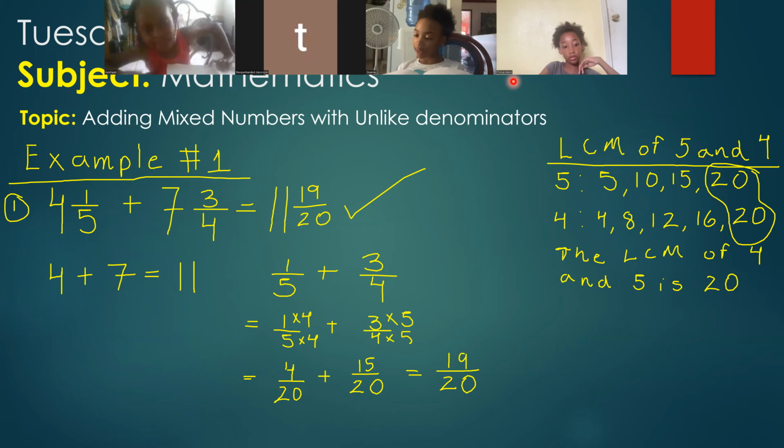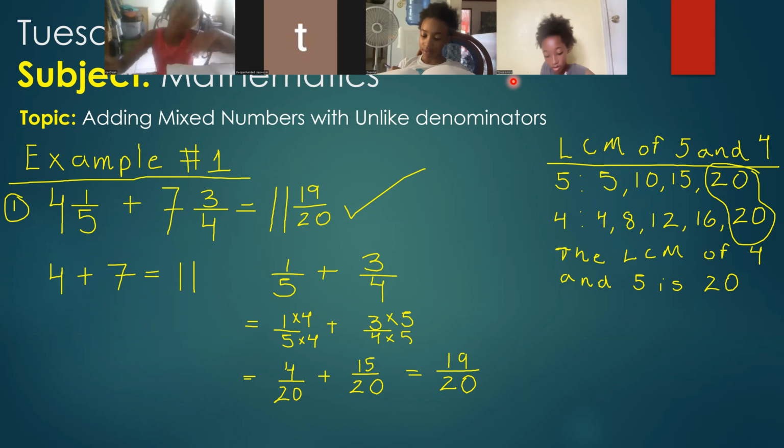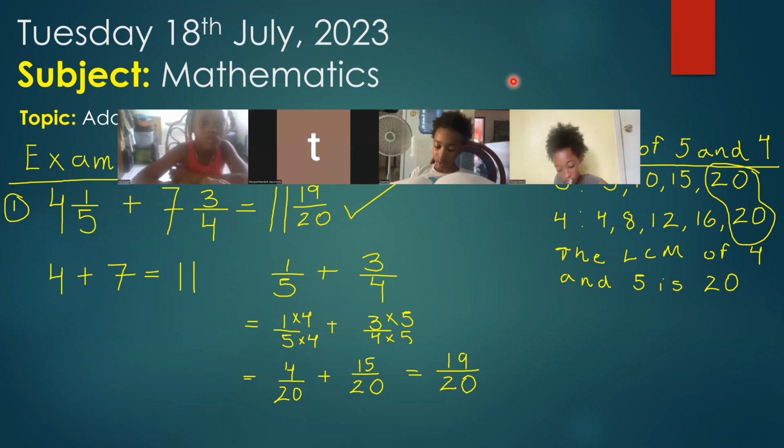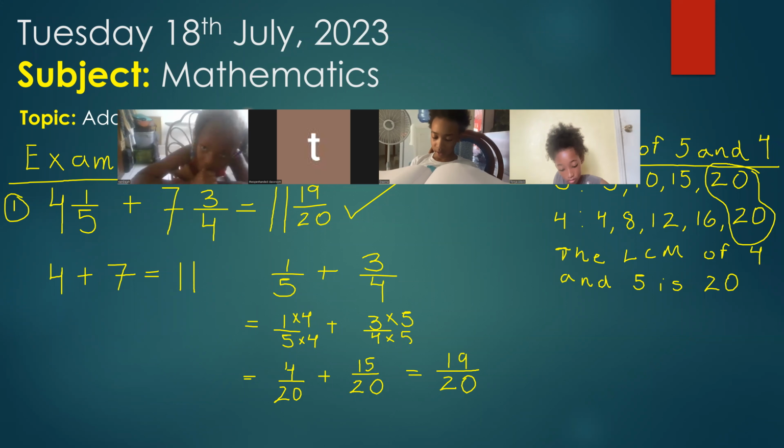Okay. Hello, DeAndre? Okay, can you explain how we got 11 and 19 over 20, please?